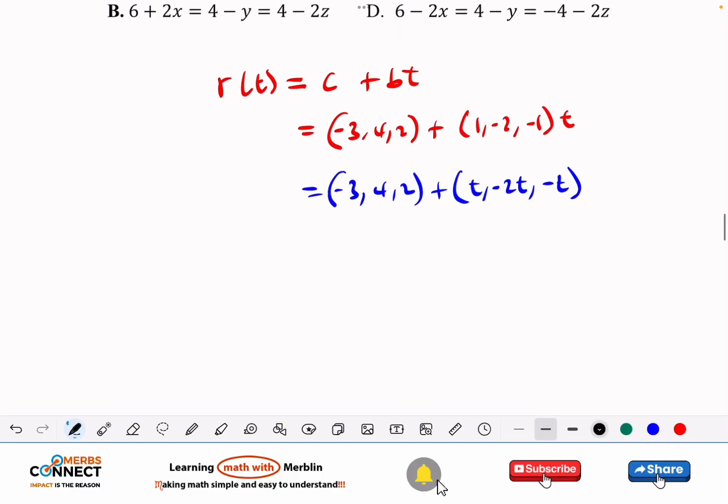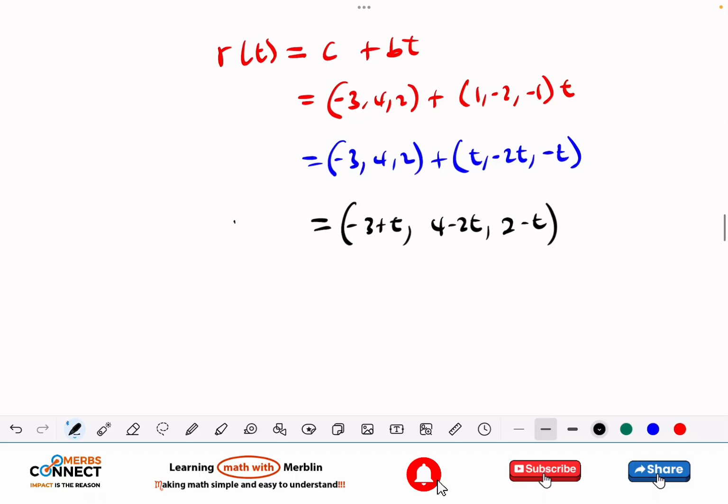Remember, this is ijk, this is also ijk, so we can add them and have minus 3 plus t as one component, 4 minus 2t as one component, and 2 minus t as one component, because they are all ijk.